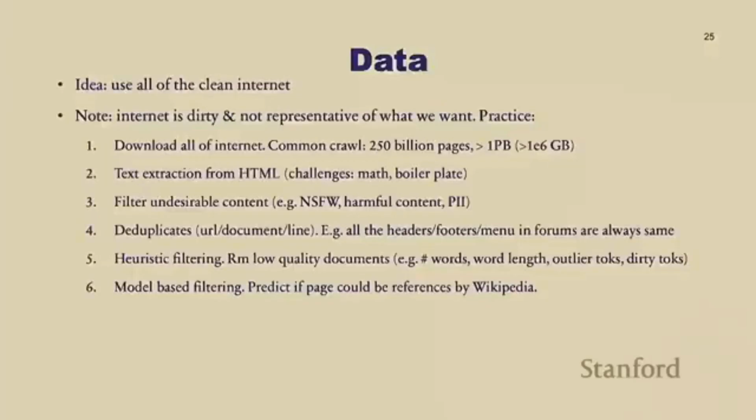Next step, model-based filtering. So once you've filtered a lot of data, what you will do, so that's actually a very cute trick. You will take all of Wikipedia, and you will look at all the links that are linked through Wikipedia pages. Because probably if something is referenced by Wikipedia, it's probably some high-quality website. And you will train a classifier to predict whether a document comes from one of these references from Wikipedia, or whether it's from the random web.